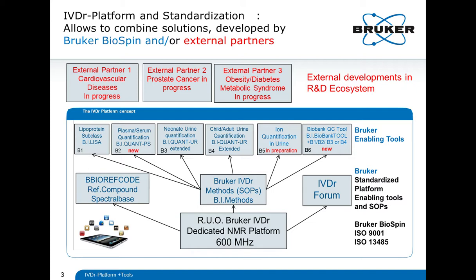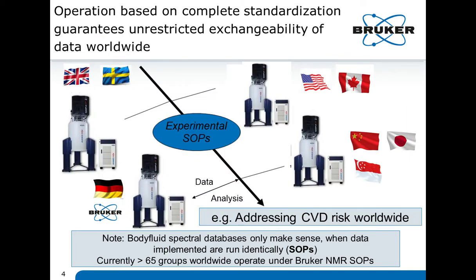If we collaborate with other partners or groups, like in Greifswald, and they are using these SOPs, then of course if they develop certain assays or tools, these can be added to this platform. So it's not only what Bruker BioSpin is offering, it will also be what our users are able to contribute.